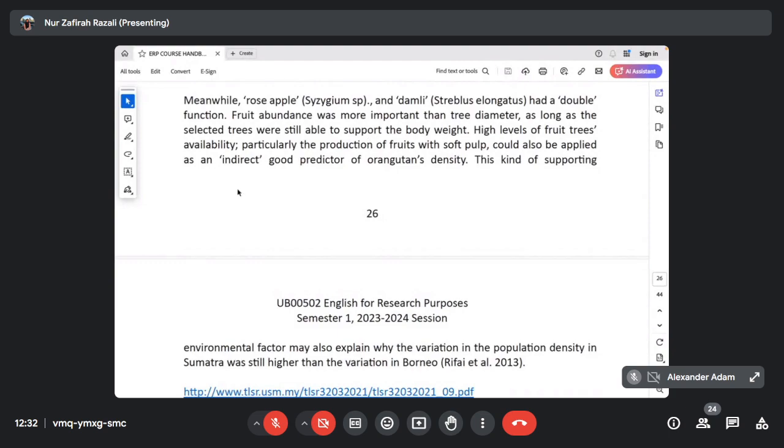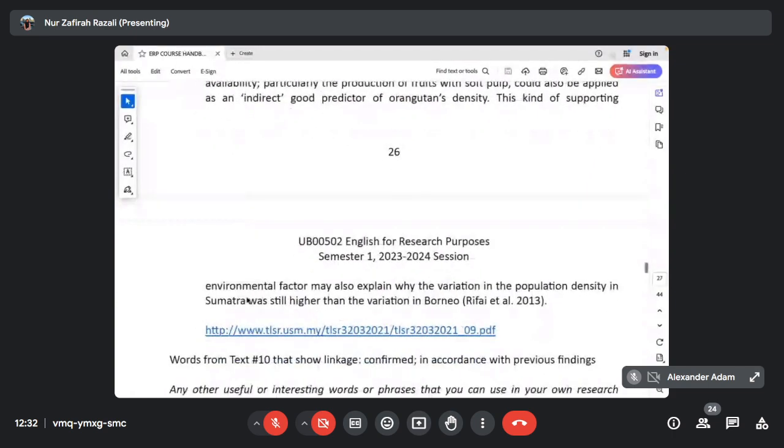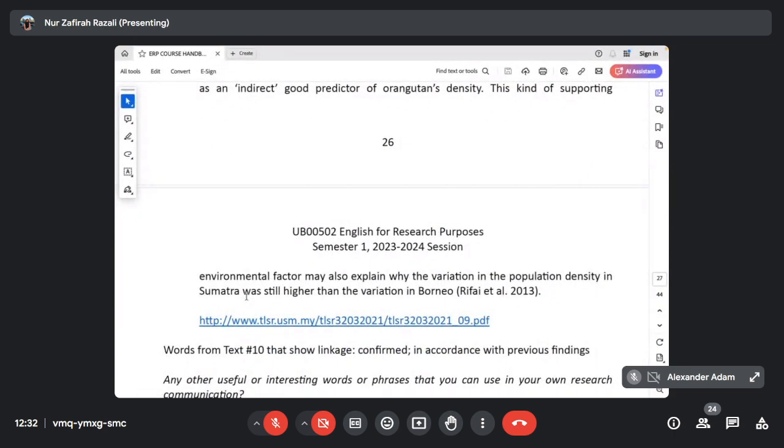High levels of fruit trees availability, particularly the production of fruits with soft pulp, could also be applied as an indirect good predictor of orangutan's density. This kind of supporting environmental factor may also explain why the variation in the population density in Sumatra was still higher than the variation in Borneo. Okay, that's too long to read.